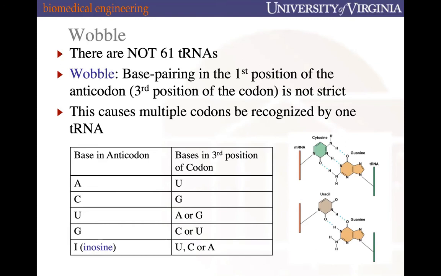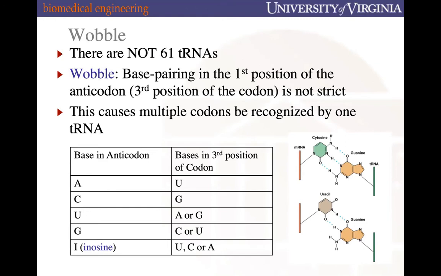And so what that means is that the base pairing in the first position of the anticodon, going from the 5' end, this end here, will interact with the 3rd base pair on this codon.